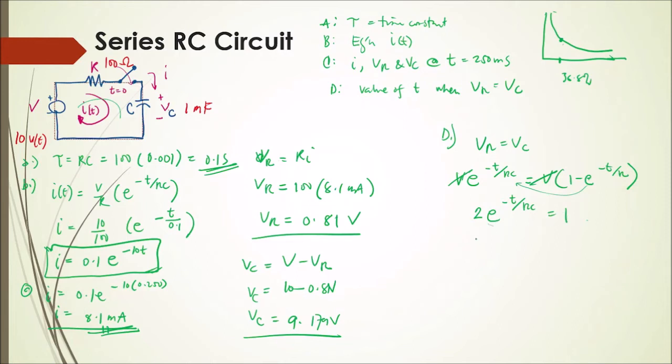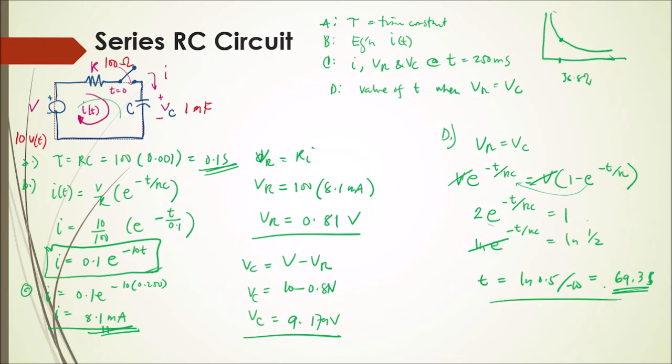Then we can take the ln of e to the negative t over RC equal to ln of 1/2. So we can eliminate this. We have t over RC, so t should be equal to ln of 0.5 over negative 10, which is equal to 69.3 milliseconds. So that is the time when VR equals VC.